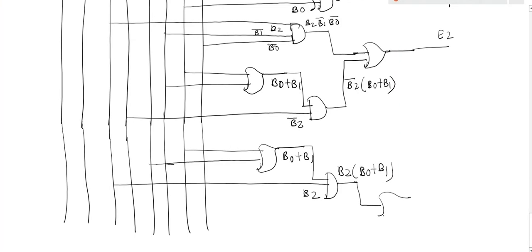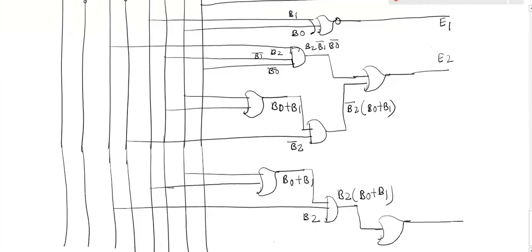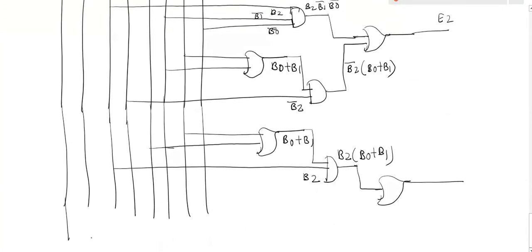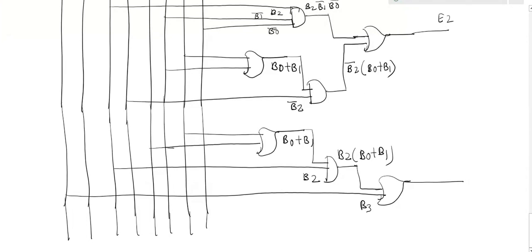This is the first input to the OR gate and the second input is B3. Now this is B3, as a second input to the OR gate, which is giving me E3.